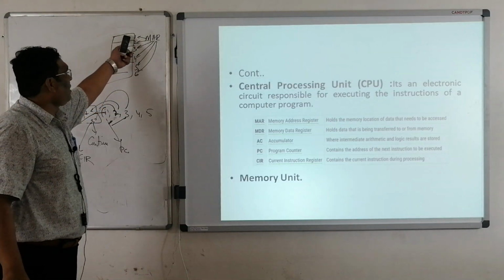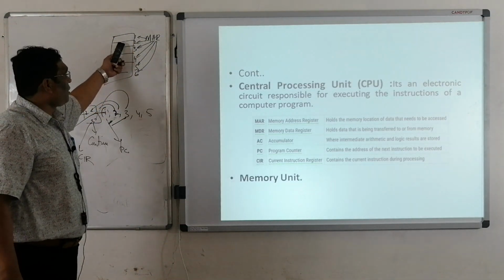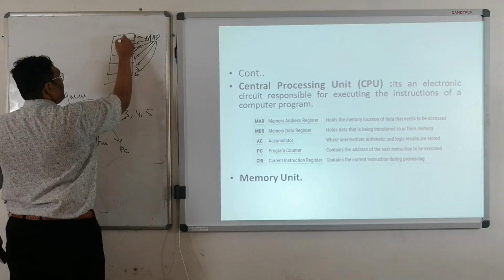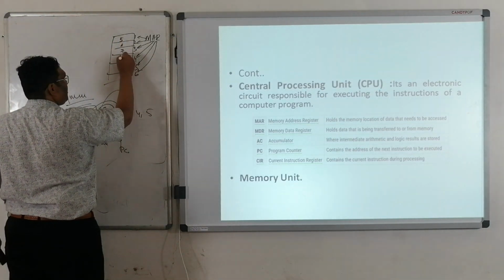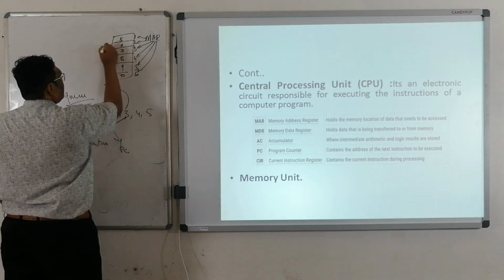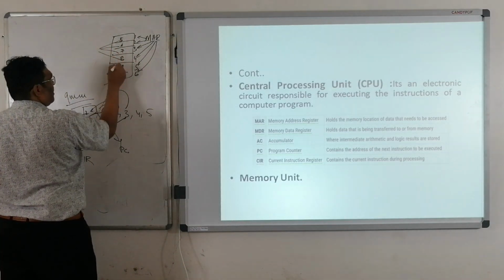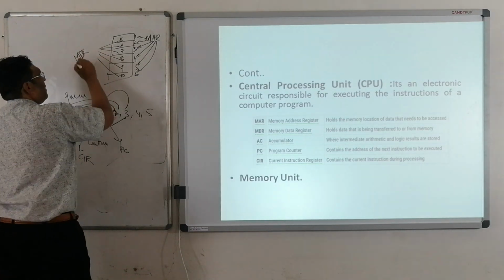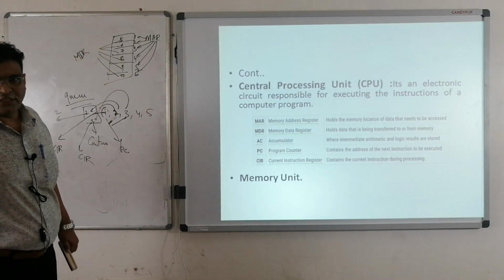That is what MAR is: location 1, then location 2. The MDR holds the data being transferred. If it is 5, 6, 7, 8, 9, 10, this is held by MDR. This is the data which you are going to transfer.